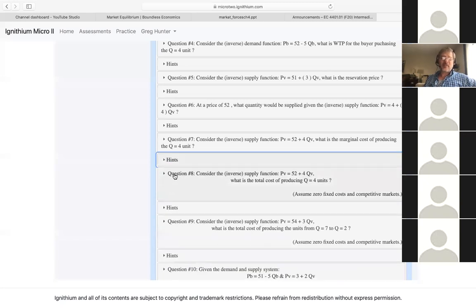The supply function is just the marginal cost function, and honestly, if I tell you guys that the supply function is just a marginal cost function, is there anybody that disagrees with me? Dr. Hunter, you're lying to us. Nobody?